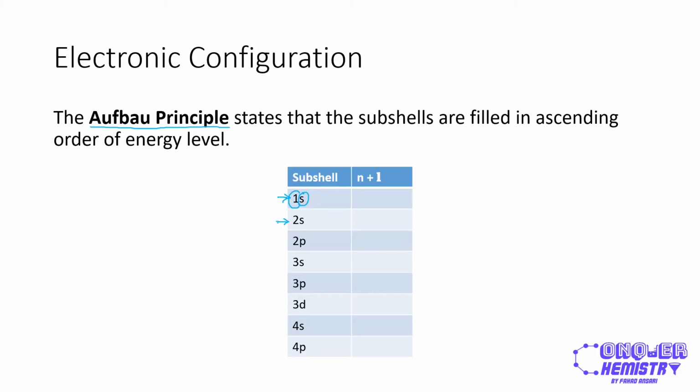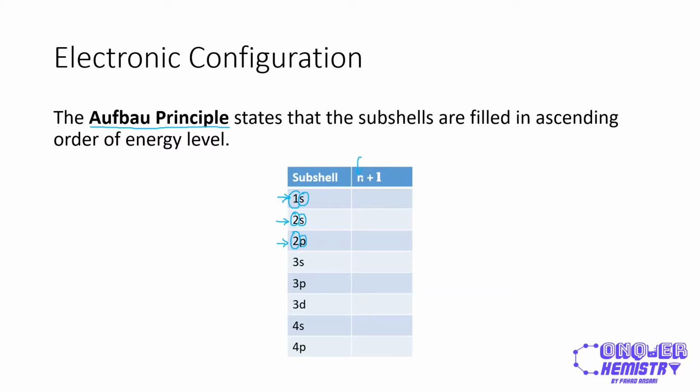Now in the second principal quantum shell we have an s and a p subshell, so 2s and 2p, and so on.